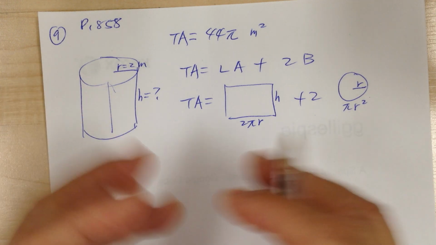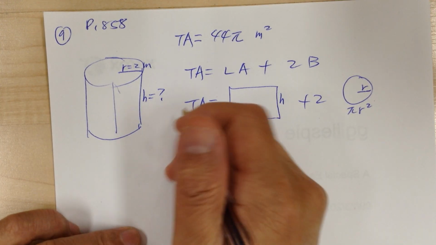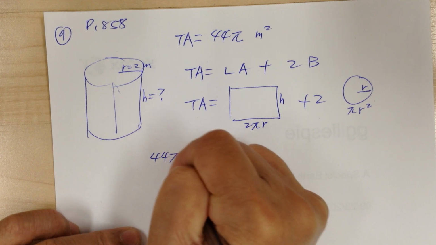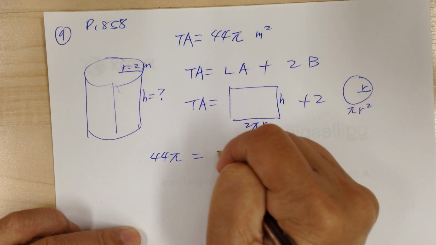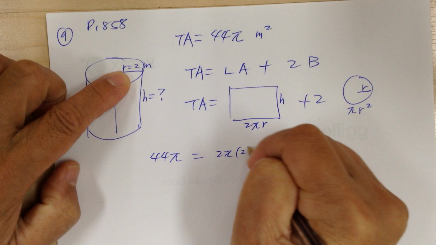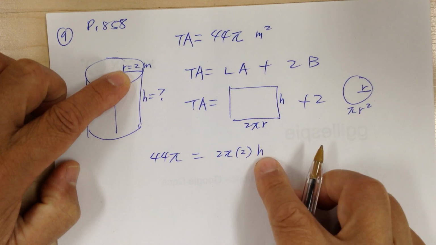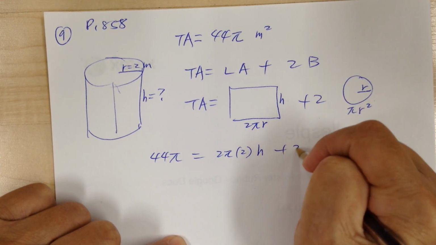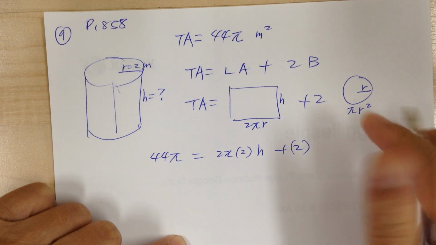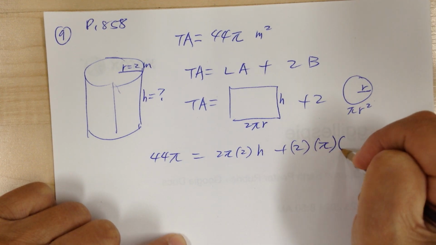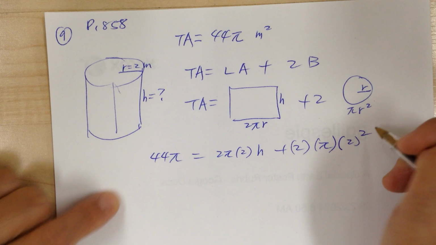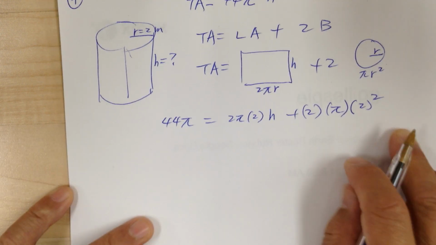Now let's go and substitute everything in here. So TA equals 44 pi, and this would be 2 pi, r is 2, times h, that's what we're looking for, that's why it's missing, plus 2 times pi r squared. So you can work everything out.